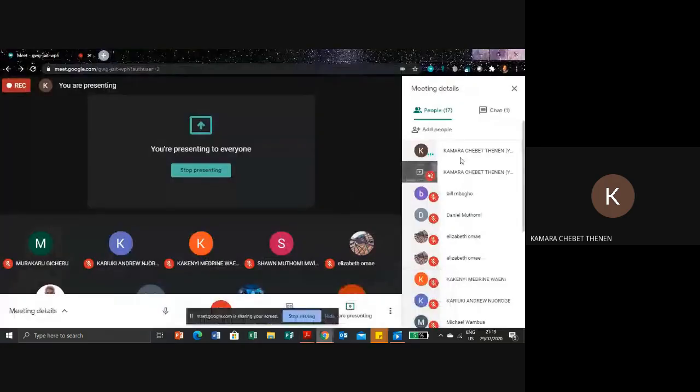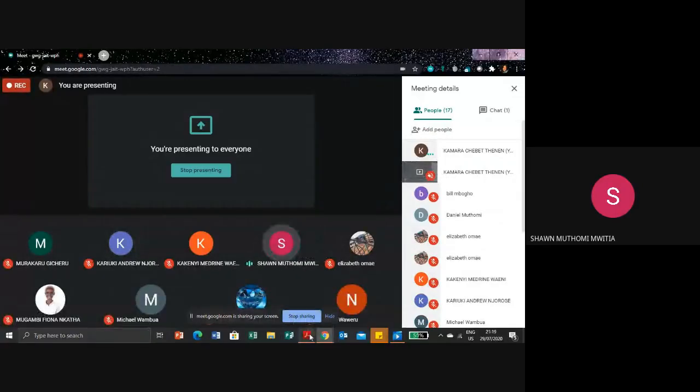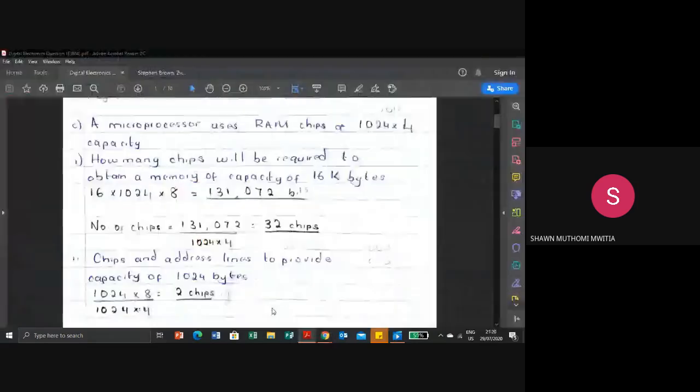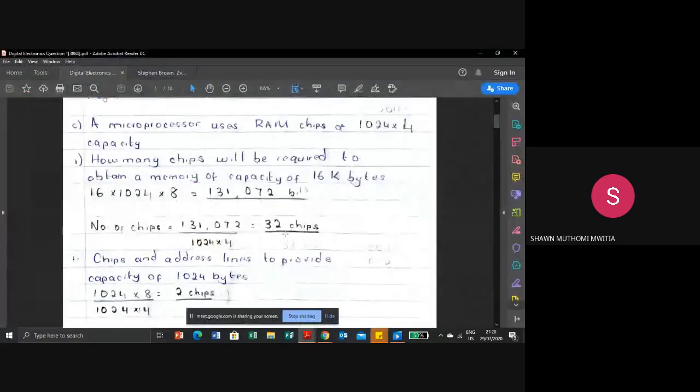Over there where you are dividing by 1024 times 4, why do you have that 4 there? Isn't that 4 just the number of output lines from the RAM chip?